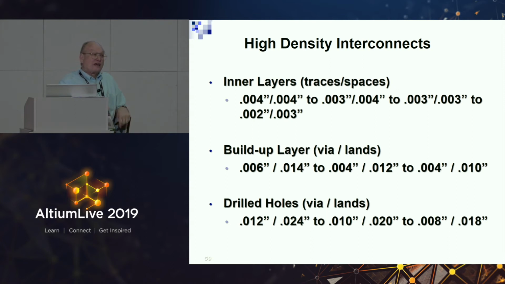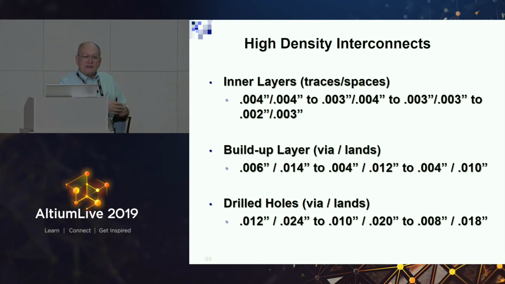Some of the newer designs, the iPhone 5, the iPhone 10 and iPhone 11 are 25 micron lines and spaces. The iPhone 10 was 30 micron lines and spaces. And so if you're still using 100 micron lines and spaces or 125 micron, my question is why?